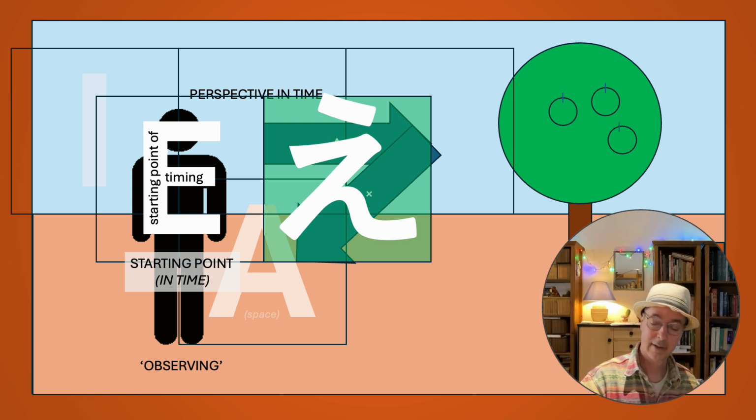The letter E in the Japanese Hiragana script is a bit different. They are in the background dealing with what you need to do to make a change in the timing. So there are two positions in timing. It's the starting point where you have something that will change.